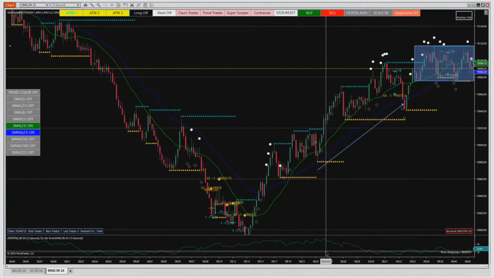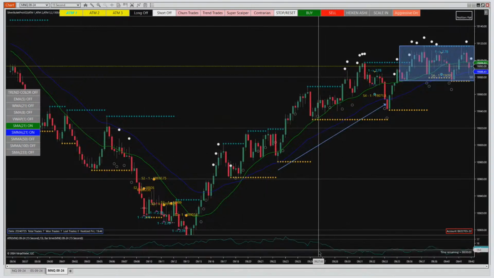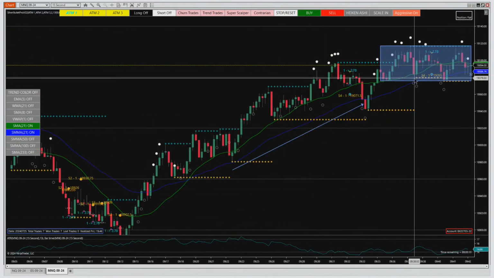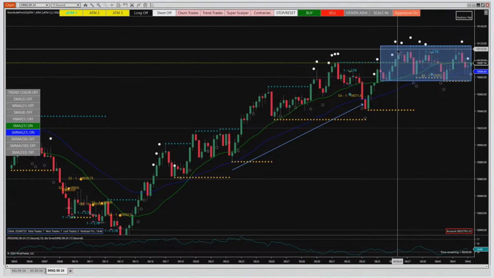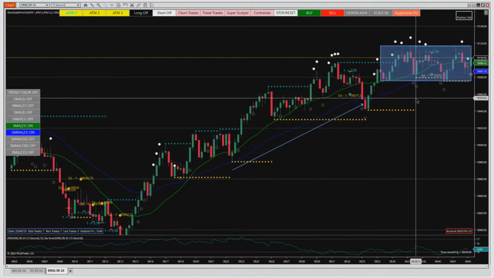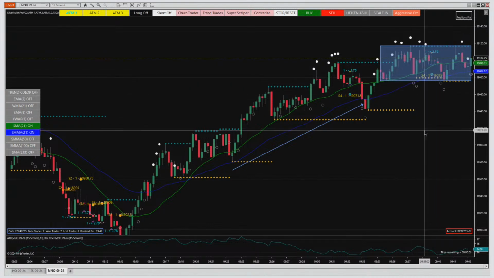If you are a default strategy trader, you could avoid this condition. Don't trade in this condition, market condition number 3.